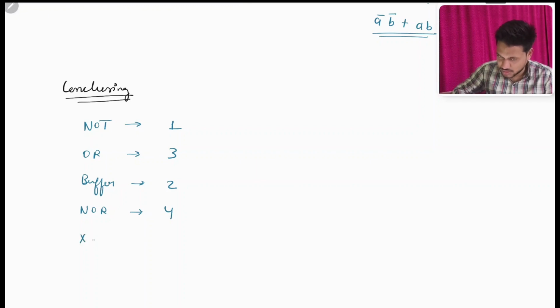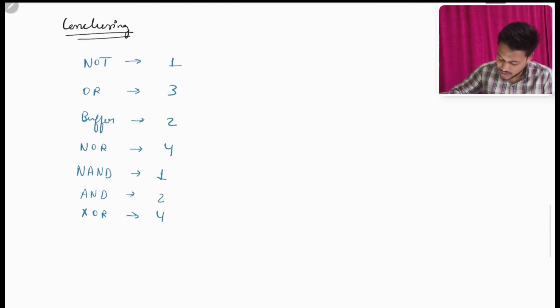For NAND, actually NAND is itself NAND, so 1, and for AND it was 2, and for XOR it was 4, and for XNOR it was 5.